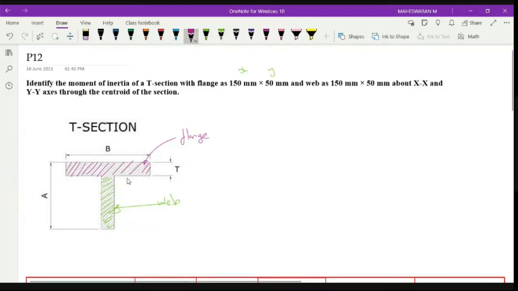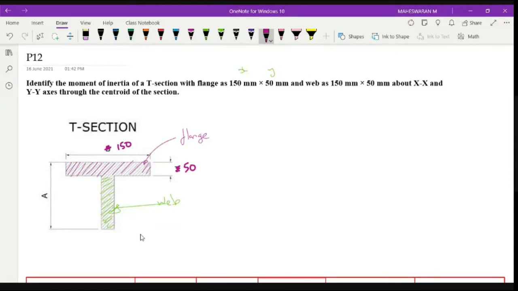In our case, you can see that the flange is 150, which means this is the higher dimension. So this B is 150, and T is 50, according to this particular diagram.